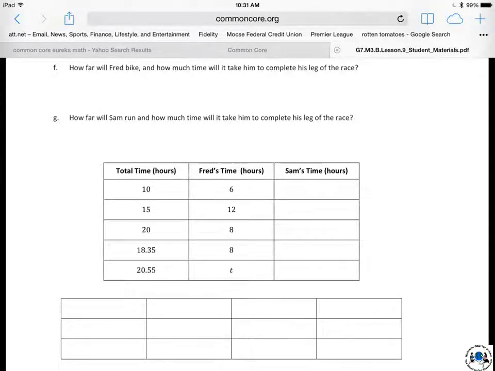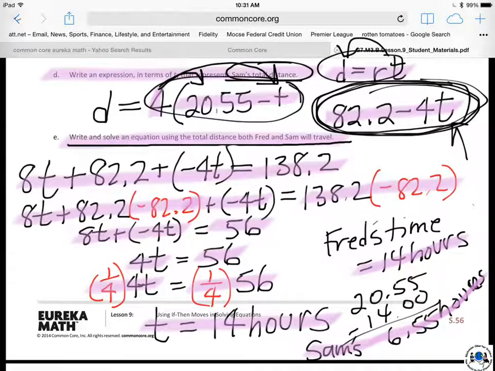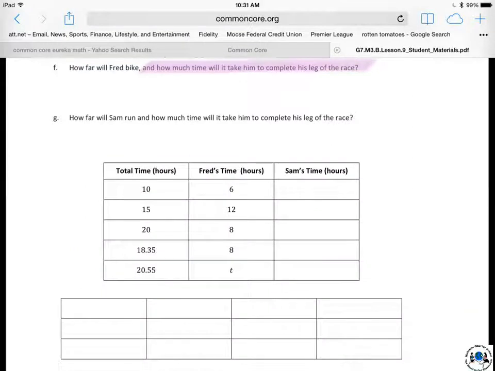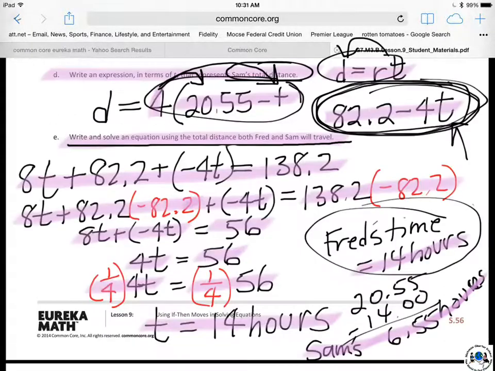I don't know why they asked this, but we know the time already. That is right over here, and that's 14 hours. But just solve for how far he will bike, and again, go ahead and apply your distance, rate, time.